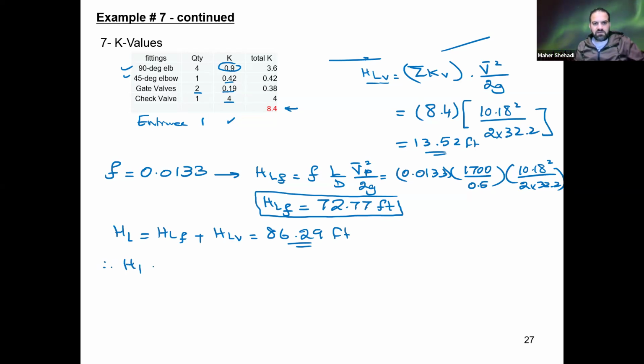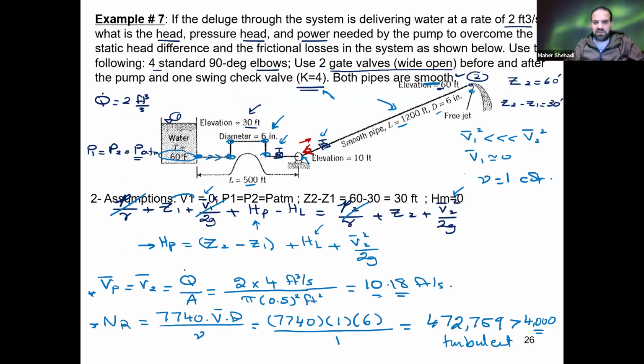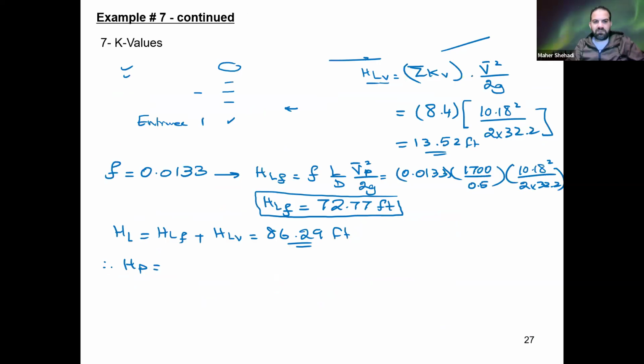So we're almost done. The head of the pump then is Z2 minus Z1. I'm not going to write the whole equation. We have the elevation, then the head loss, then the velocity. So it's 30 feet plus the head loss, 86.29, also in feet, just to make sure we have all units matching.